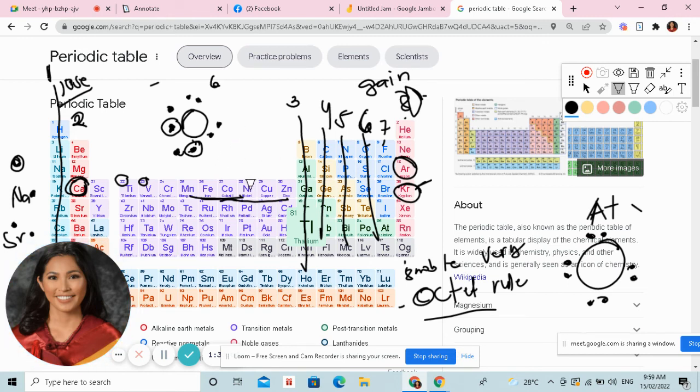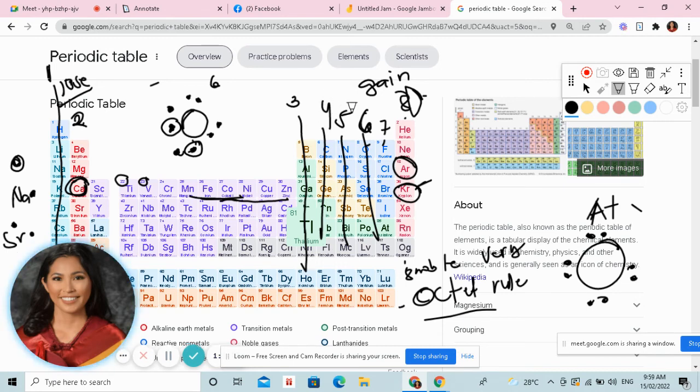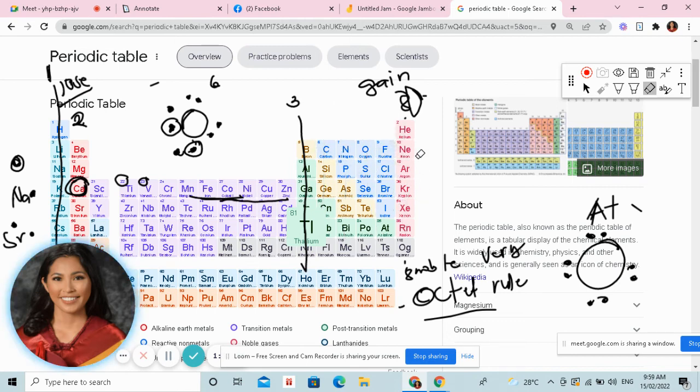Now, in the periodic table, you can see we have 1, 2, 3, 4, 5, 6, and 7. In the case of carbon, it is in the middle, it has 4. Carbon has 4 valence electrons. So what will it do? It can lose or it can gain.